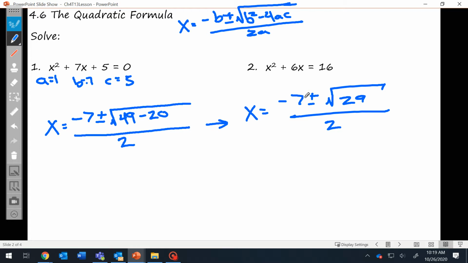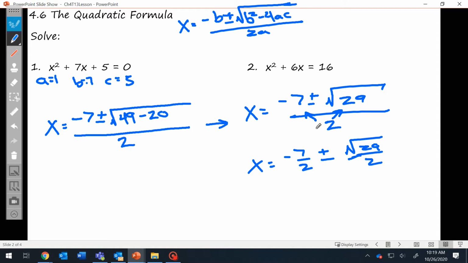That can't really be simplified any further, so that would be okay. Another way to simplify it, we could, theoretically, distribute the 2 to each of those. So we'd have negative 7 over 2 plus or minus the square root of 29 over 2.